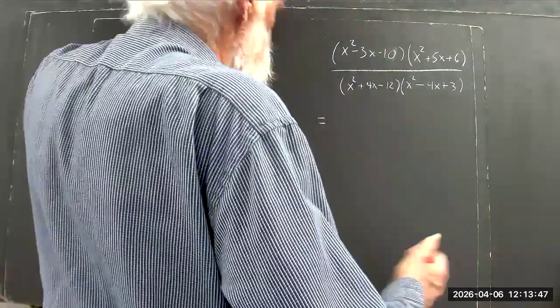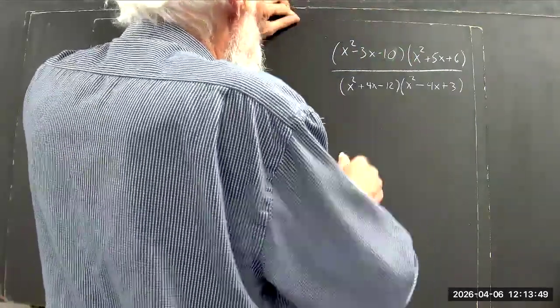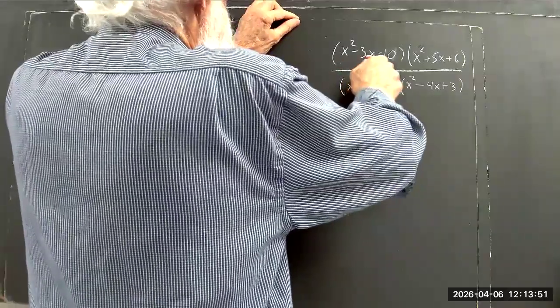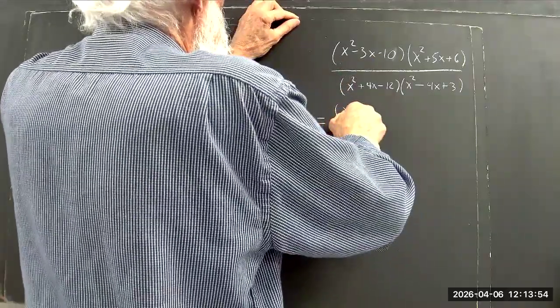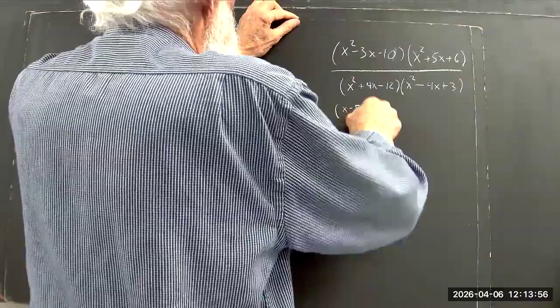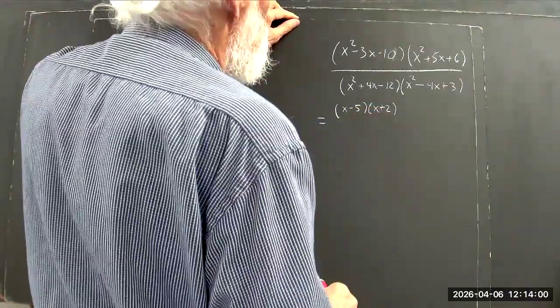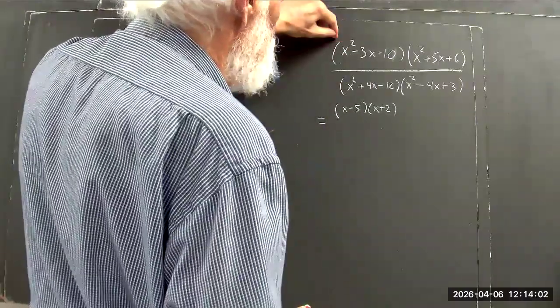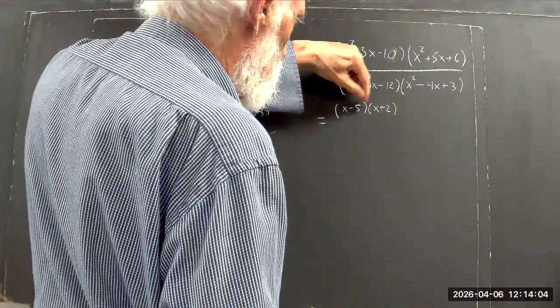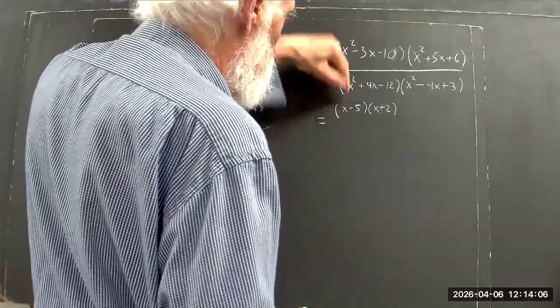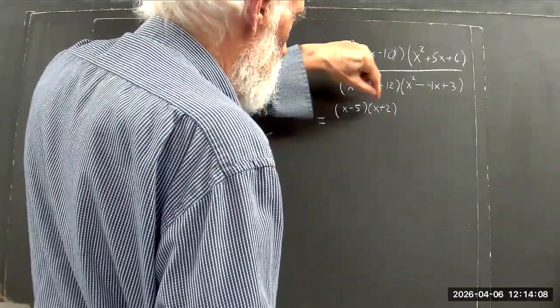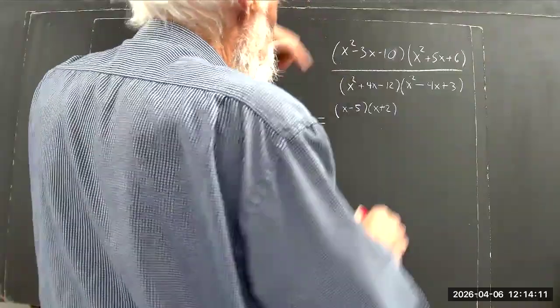People in the class are pretty well successful in factoring these. X squared minus 3x minus 10 factors as x minus 5 times x plus 2. Because x times x gives you the x squared, minus 5x plus 2x gives you minus 3x. Negative 5 times 2 gives you negative 10.